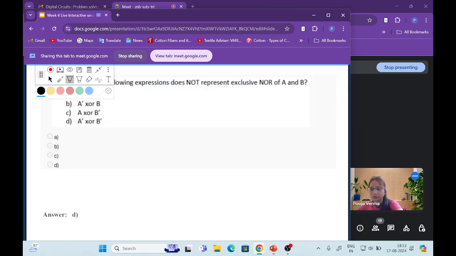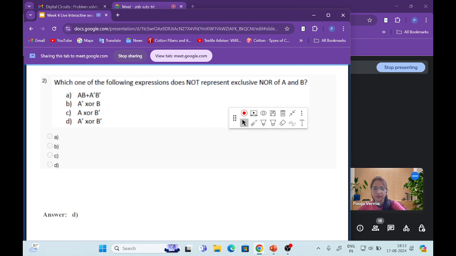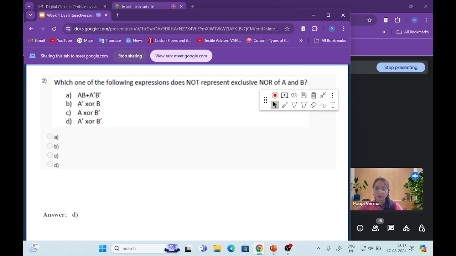So next question is, which one of the following expressions does not represent exclusive NOR of A and B? Exclusive NOR means XNOR, right? What is the expression for XNOR gate?